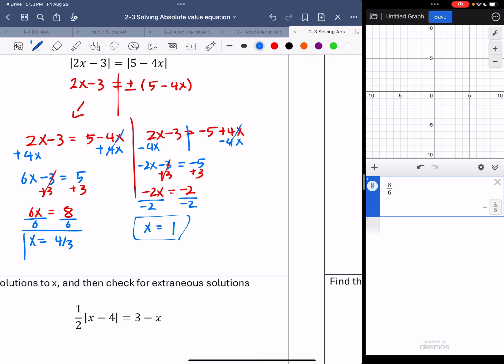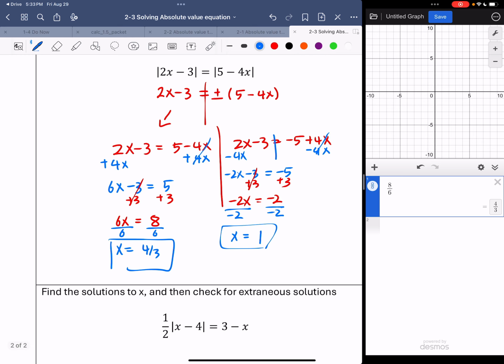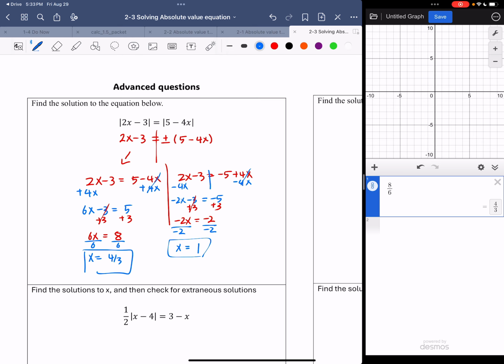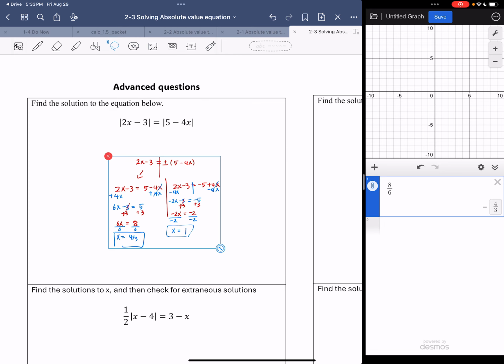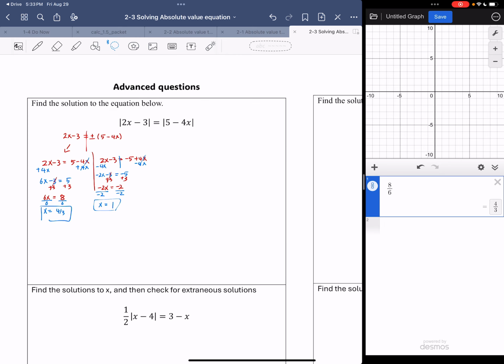Now, let's check for extraneous solutions. I don't have enough space here, so since I have an iPad, let me flex it. I'm going to resize it, but for you guys, you might have to use your space wisely.